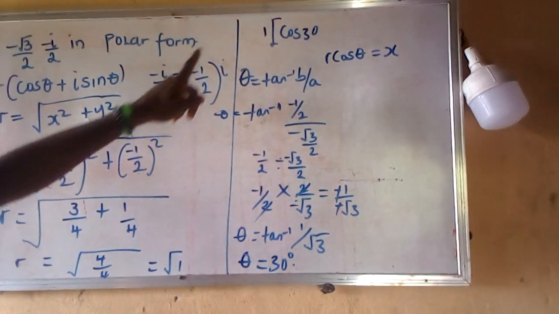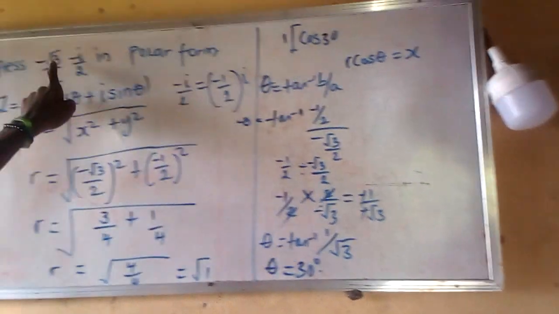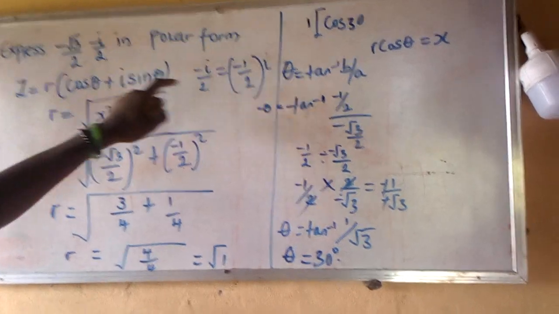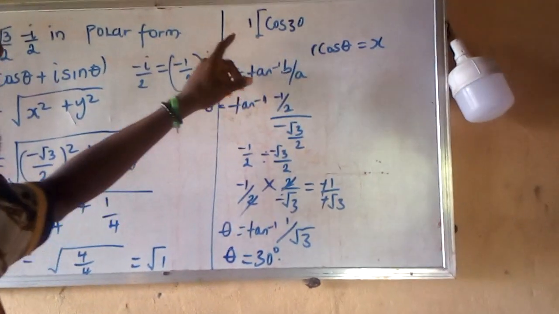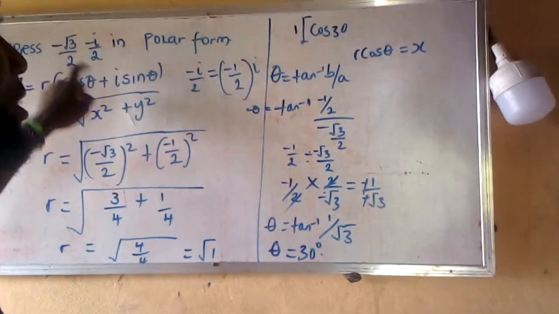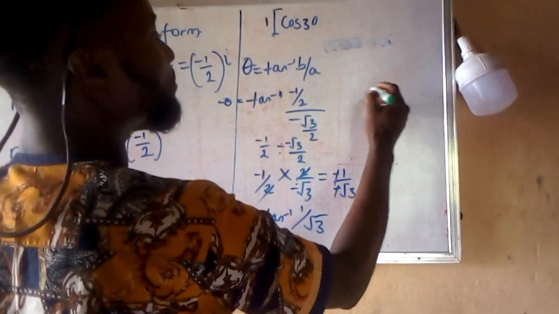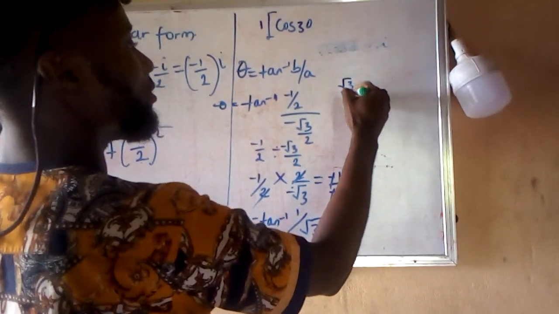That means this is my R, this is my cos theta, and these both will always give us the x given. Now at the end, I have been able to check that 1 cos 30 is not equal to this. 1 cos 30 is equal to a positive square root of 3 all over 2.